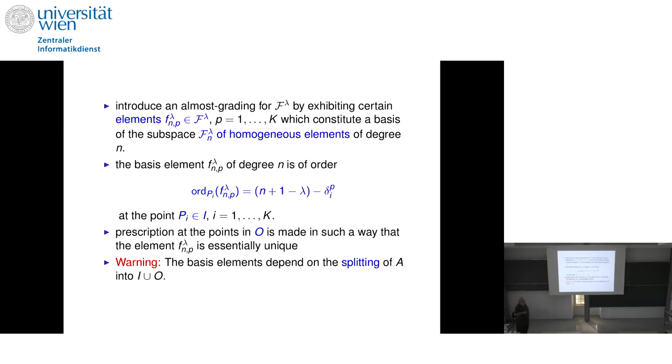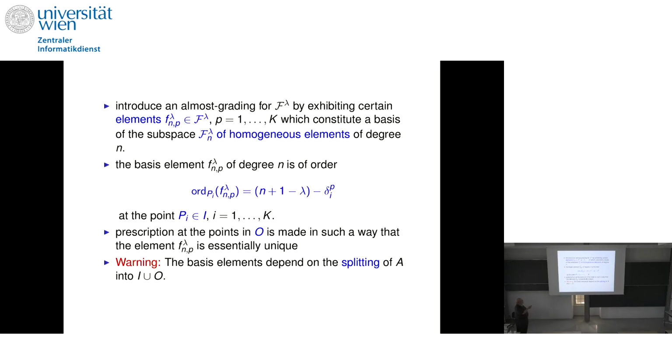Now we want to introduce a grading, an almost grading, for the f lambdas here. And this is done by exhibiting certain basis elements of this f lambda. Don't spend too much attention to this, it looks rather horrible. So we have f and p. This is the lambda weight. n is the degree.